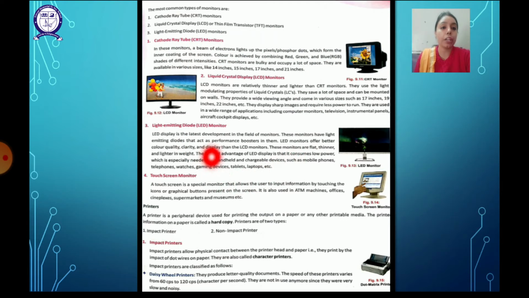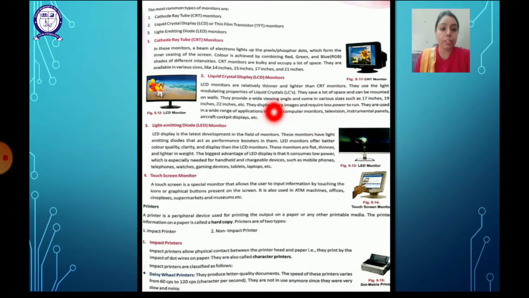Cathode ray tube monitors used a beam of electrons to light up the pixels or the phosphor dots which form the inner coating of the screen. Then came the liquid crystal display monitors. They were thinner and lighter than CRT monitors. Here you can see they are bulky, they require a lot of space, but these LCD and LED monitors can be placed on the wall also.